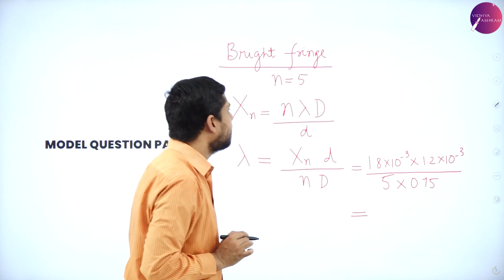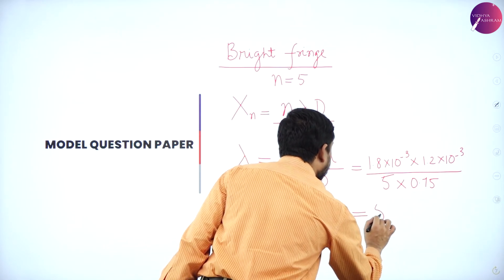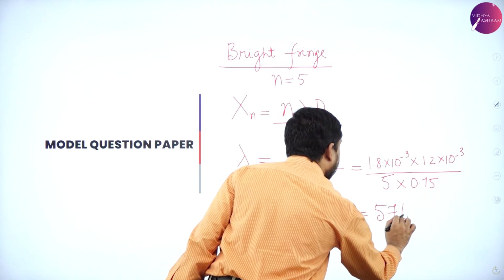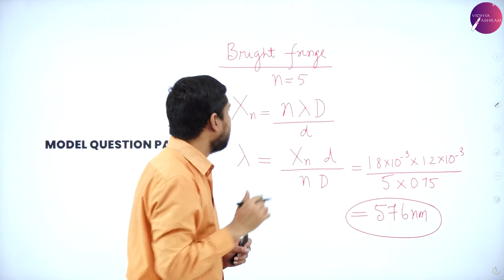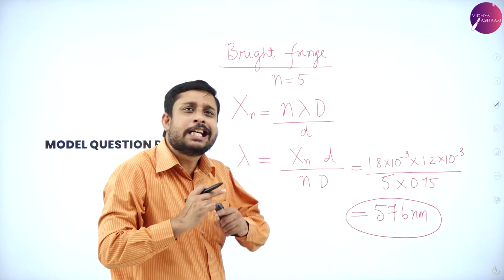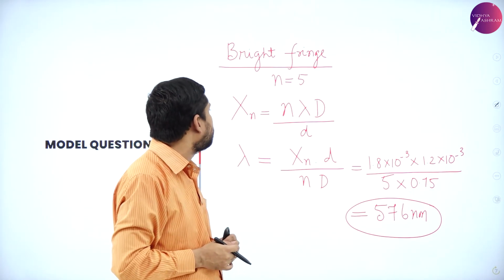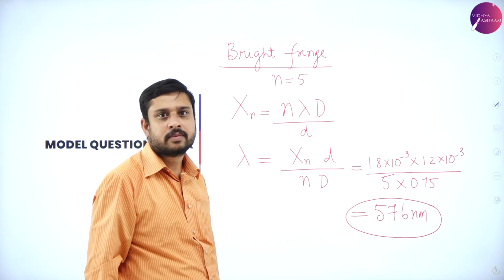On simplification, very easily, this turns out to be 576 nanometer. So, corresponding to the bright fringe, the wavelength was asked, and I calculated.